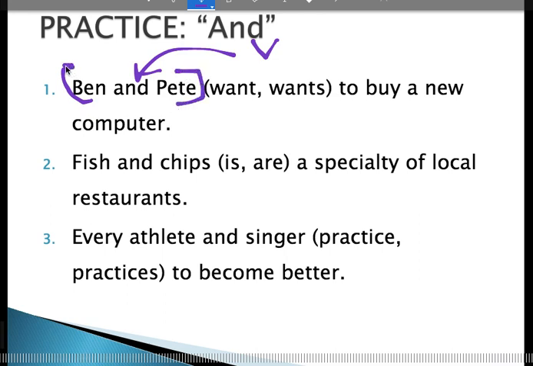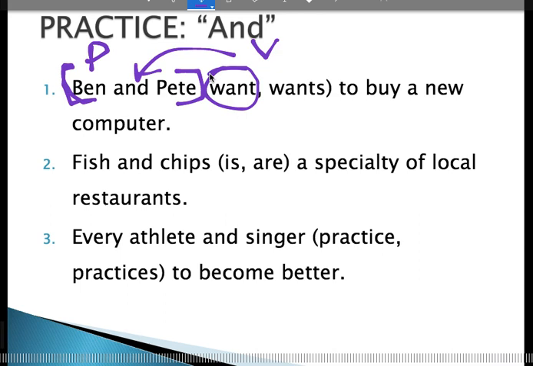We have the word and there. Both of them want to do this. So that means that it is plural because both of them together want to get this new computer. Because it's plural, we need a plural verb, which means we need the one without an S. So Ben and Pete want to buy a new computer. And again, you'll naturally do that when you say it out loud.